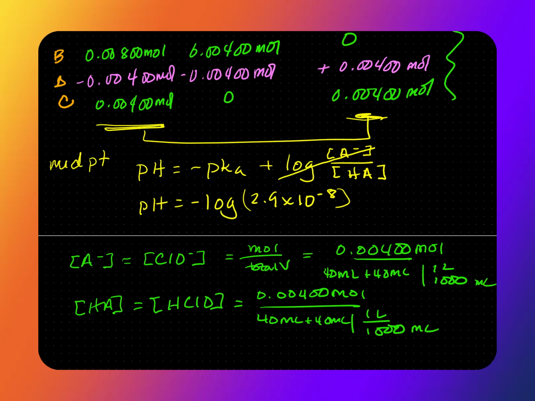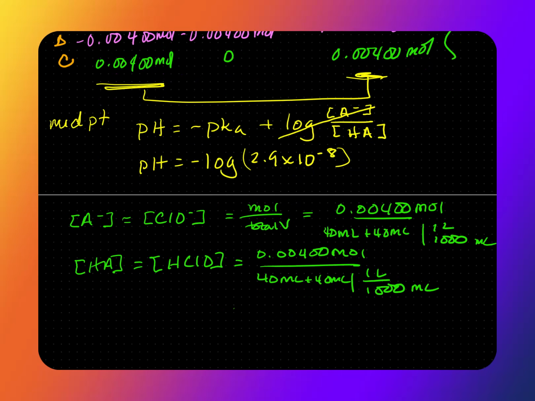The molarity for the weak acid and the conjugate base are the same. If I have the same concentration, log of A minus, which is the conjugate base, over HA, which is the weak acid, is log of 1. Log of 1 is equal to 0, so it cancels out.